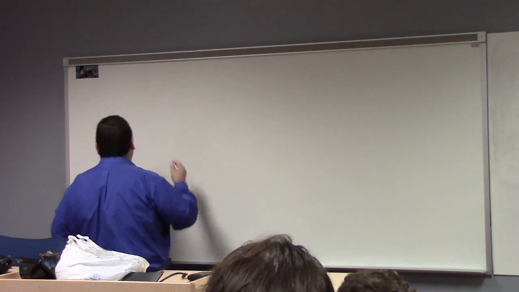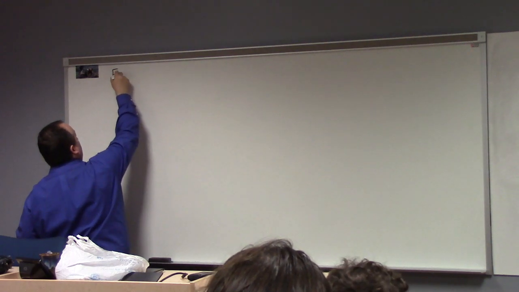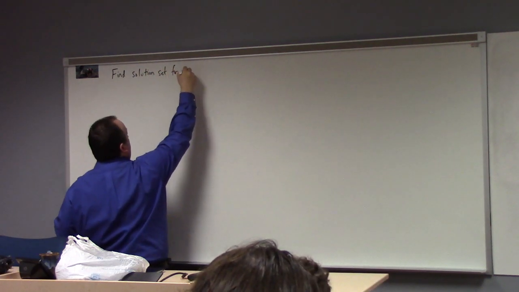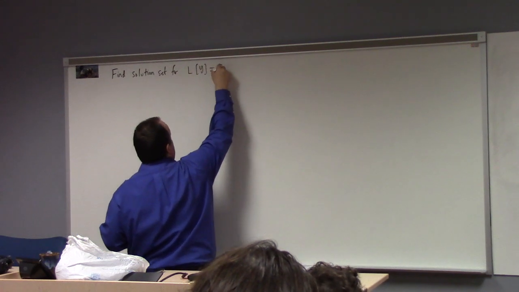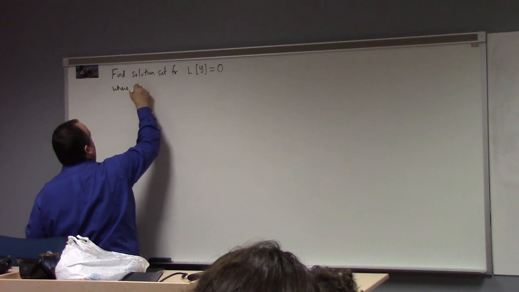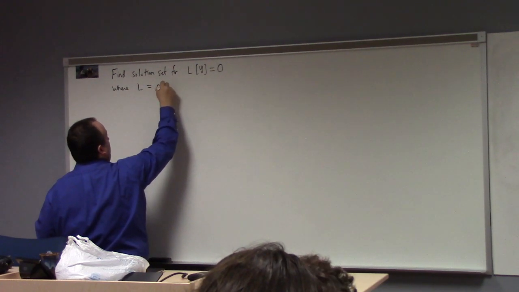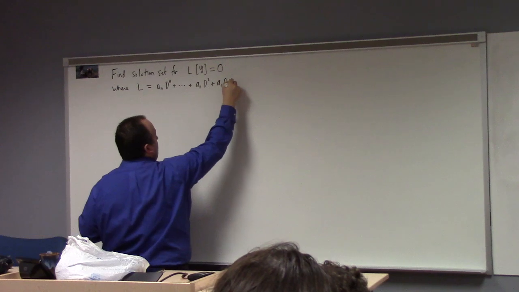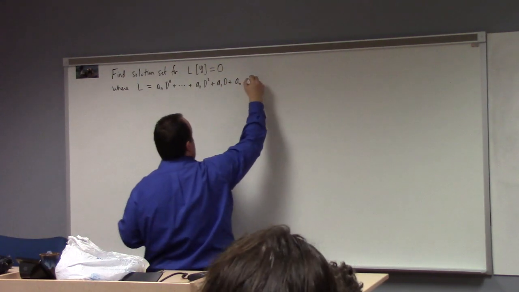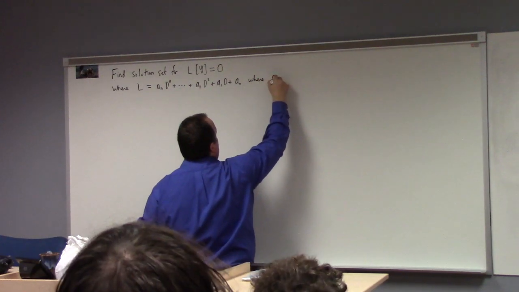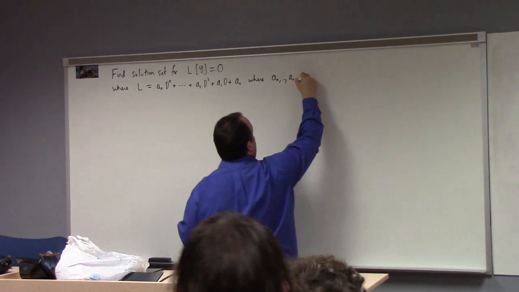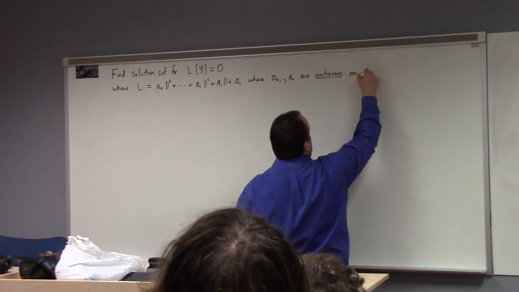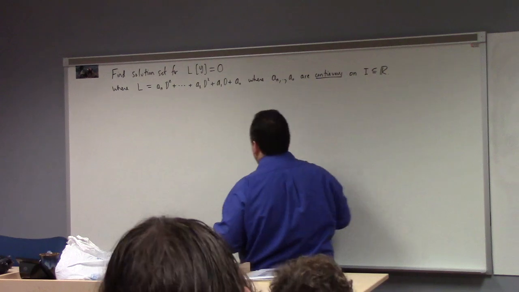So our goal at the moment is to find the solution set for L of y equals 0, where L is equal to a_n D to the n plus ... plus a_2 D squared plus a_1 D plus a_0, where a_n all the way to a_0 are continuous on some domain of definition, right?